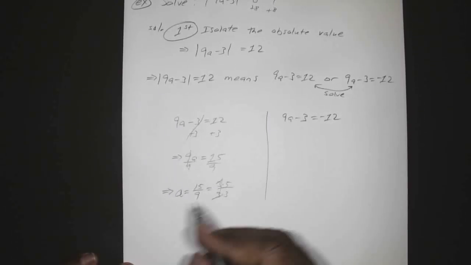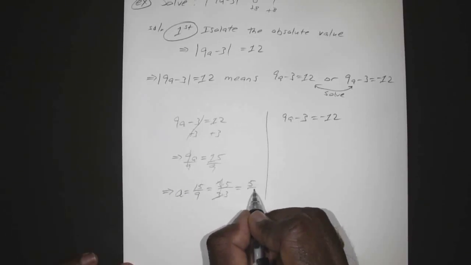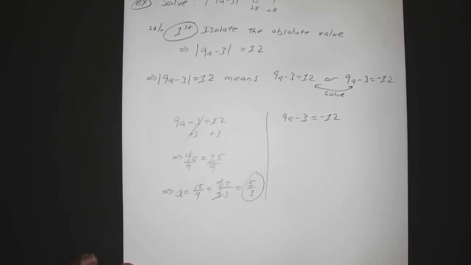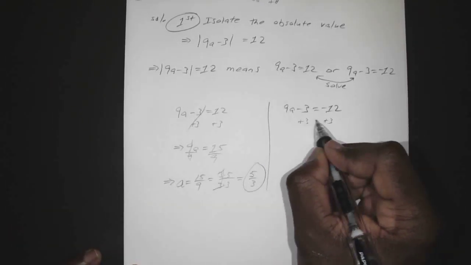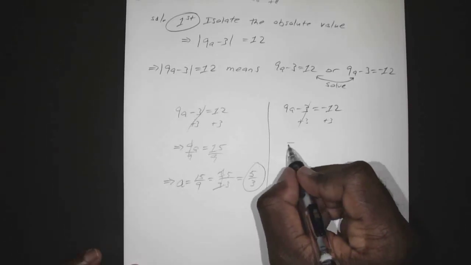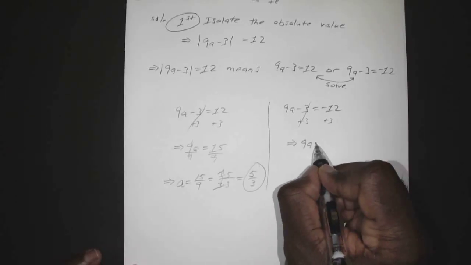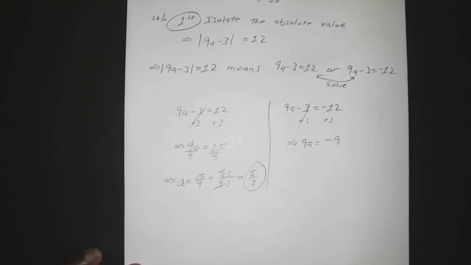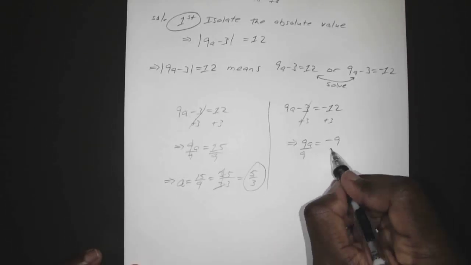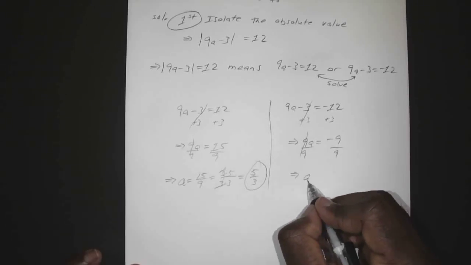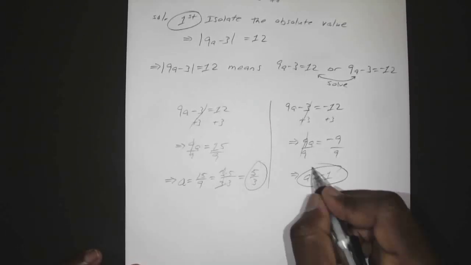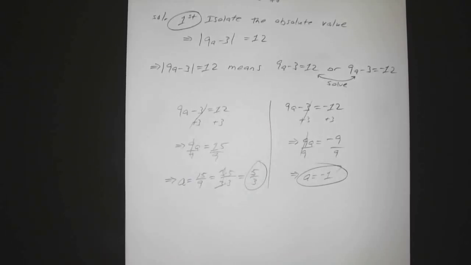Anything divided by itself is 1. So you have 5 over 3. Same thing here. Add 3 to both sides. 9a equals negative 9. Divide both sides by 9. A equals negative 1. So you have 5 over 3 and negative 1.